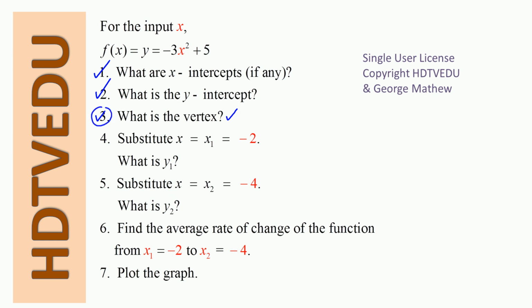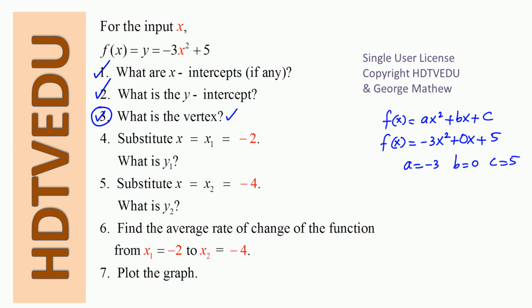Now let's do number 3. What is the vertex? Remember, f of x equals ax squared plus bx plus c. Our function is negative 3x squared plus 0x plus 5. So a equals negative 3, b is equal to 0, c is equal to 5.